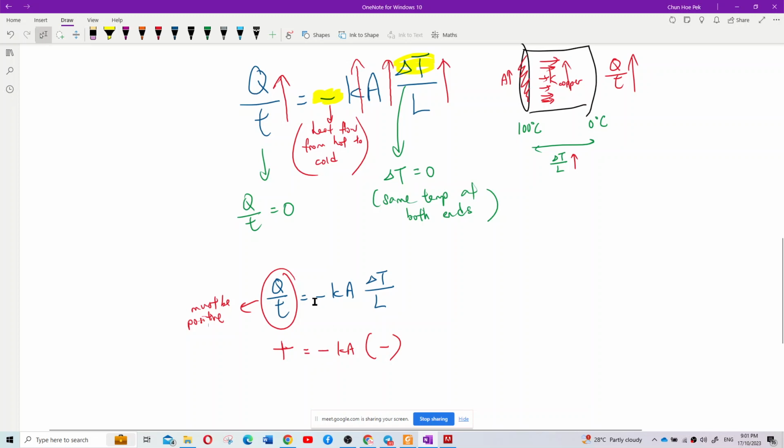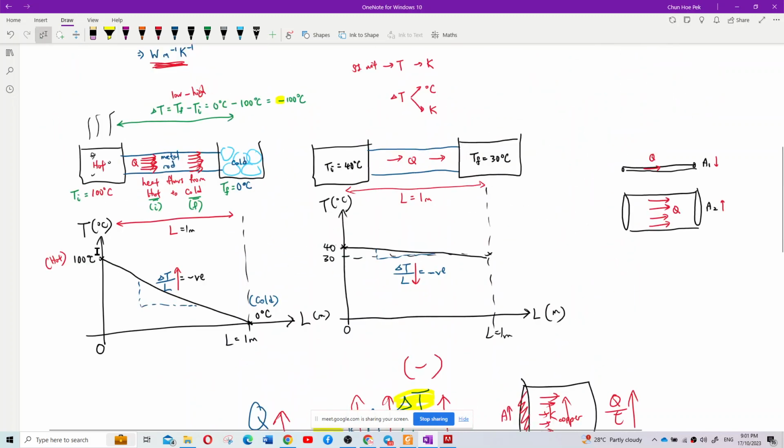So this negative also means the delta T over L is negative. You understand that? This is negative because delta T over L is negative, and delta T over L is negative because heat always flows from hot to cold. We take the final temperature, which is cold, minus the initial temperature, hot.